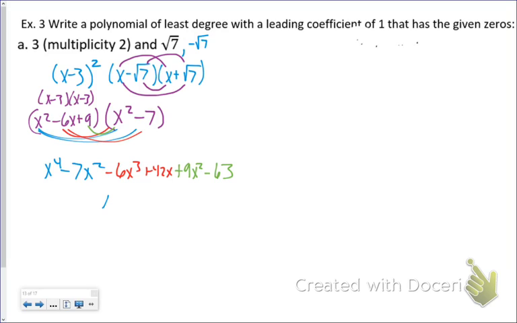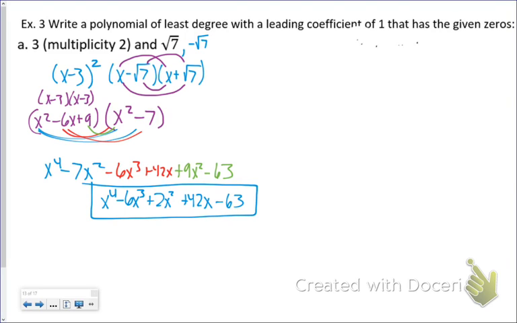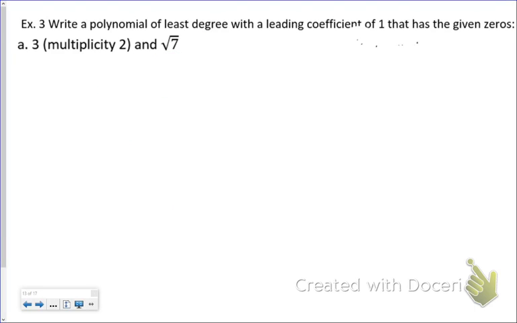So that gives me x to the 4th minus 6x cubed plus 2x squared, let's see, plus 42x and minus 63. It's, again, going to be some ugly multiplication, but if you can set up that first step, it's going to make a big difference.